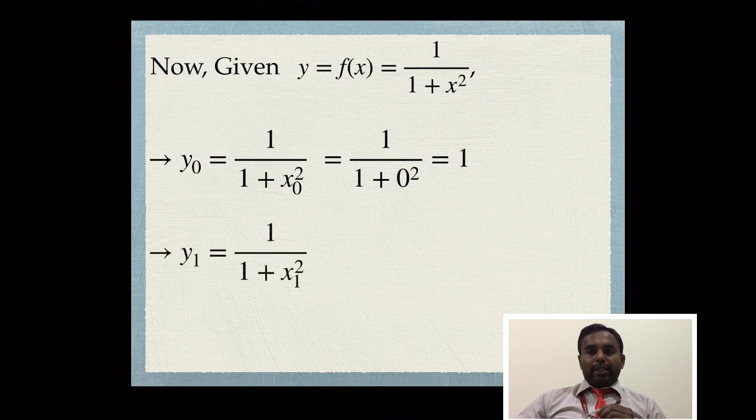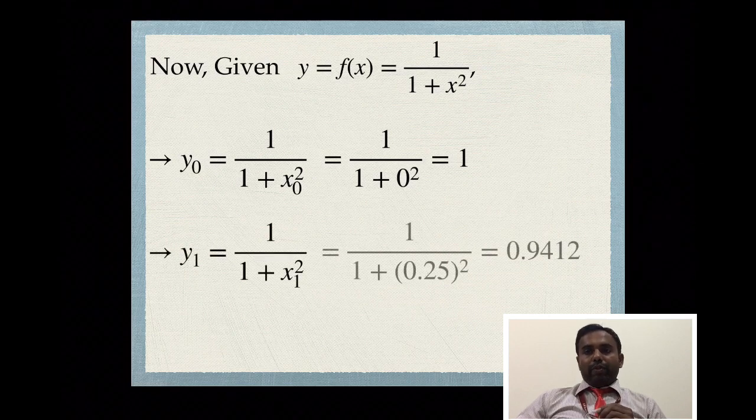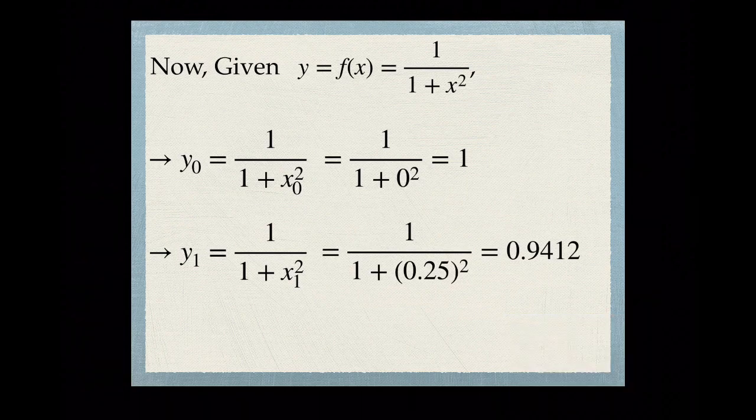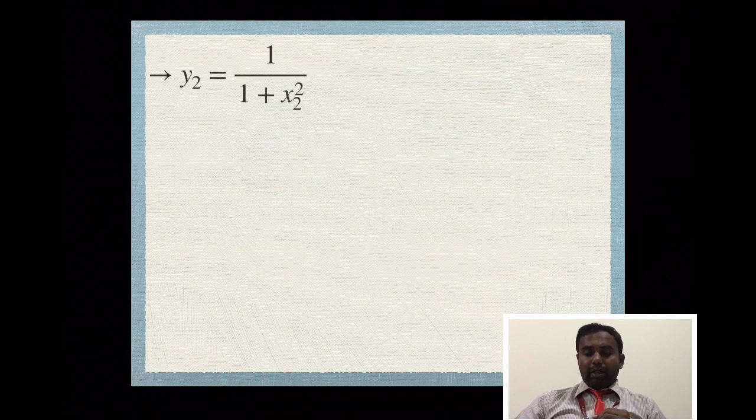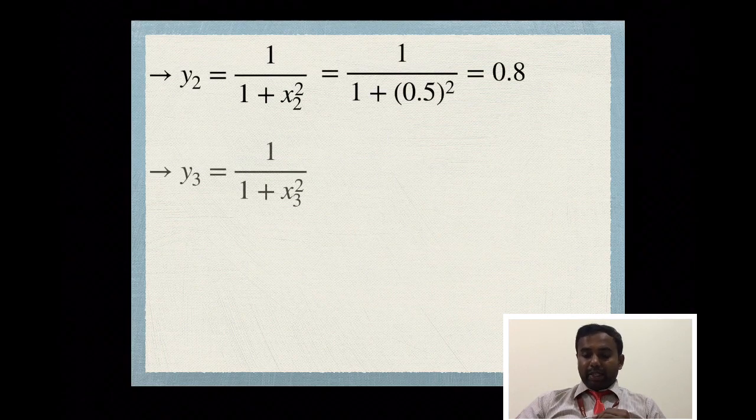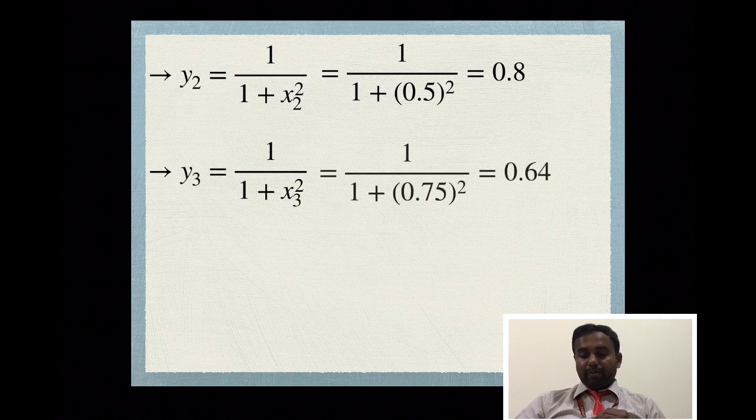So in the next stage, substituting the value of x1, I will be getting 1 divided by 1 plus 0.25 square. The value of that is 0.9412. Similarly, y2 will be equal to 0.8, y3 will be equal to 0.64. One thing you must be clear: when I am talking about y2, I am substituting the value of x2.